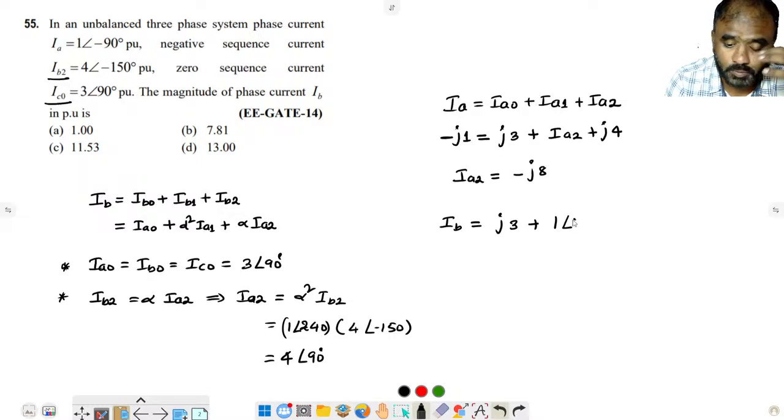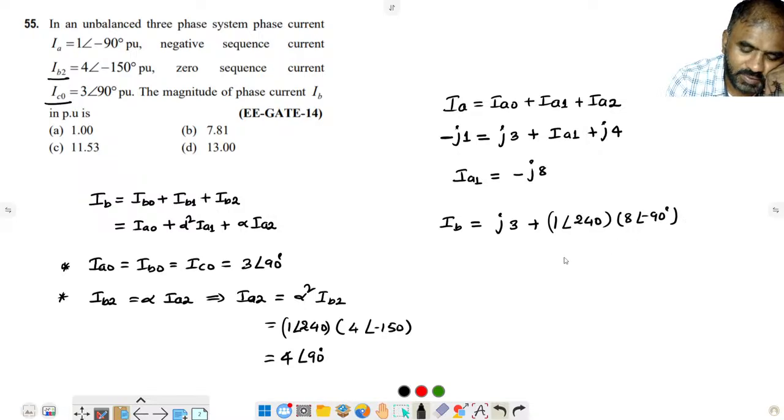IA1 is minus j8, which means 8 at an angle minus 90 degrees. Plus alpha, 1 at an angle 120, times IA2, 4 at an angle 90.